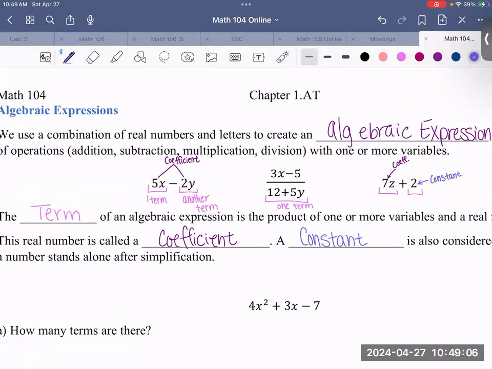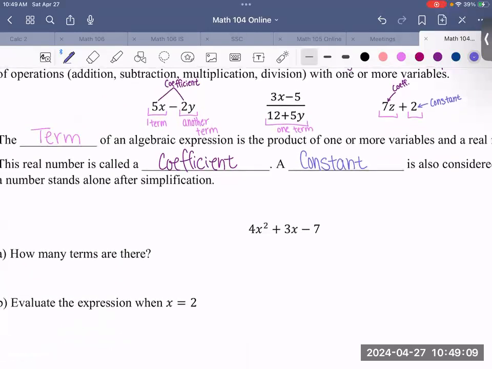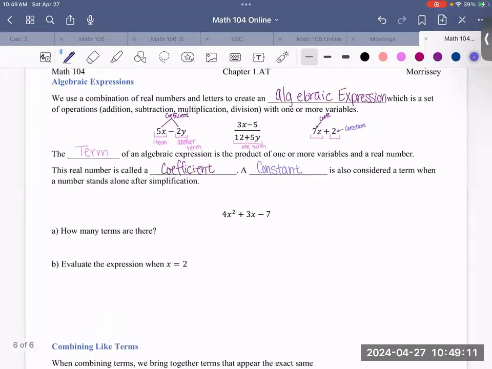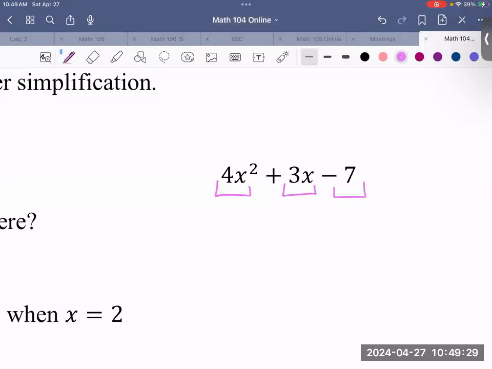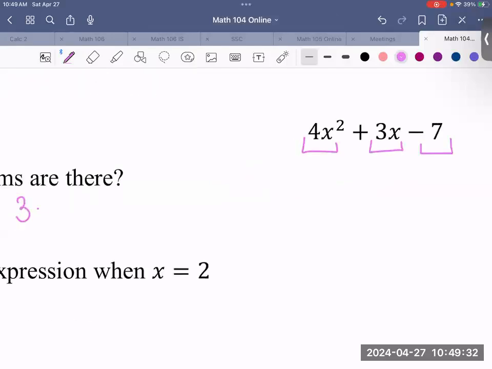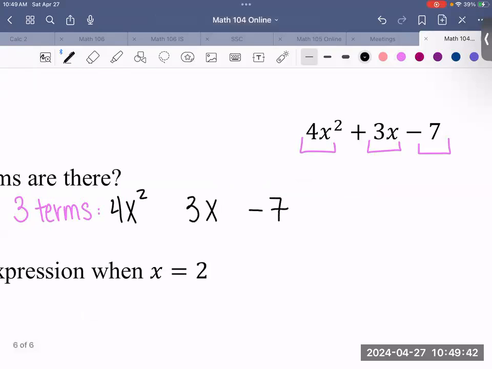So that being said, if we are looking at the values below, how many terms are there? And can you label either your coefficients and your constants? So let's start with terms. Pause the video if you can. What are your terms? Well, there are 3 terms, 1, 2, and 3. 3 terms for 4x squared, 3x, and a -7.